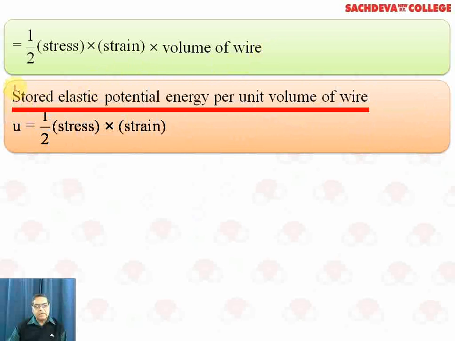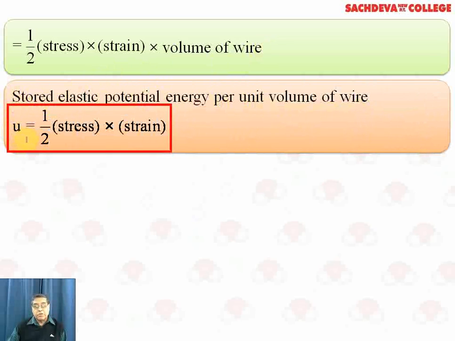Stored elastic potential energy per unit volume of the wire is designated by small u. So that is given by half of stress multiplied by strain. Stress is force over area, and strain is change in length over original length.